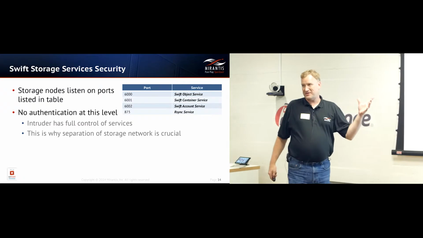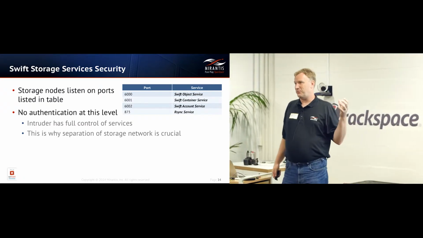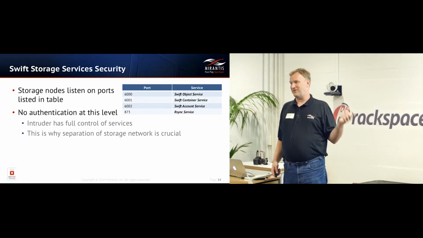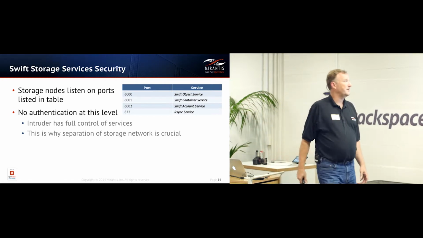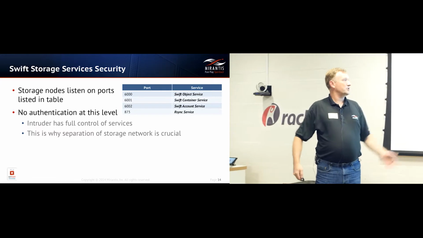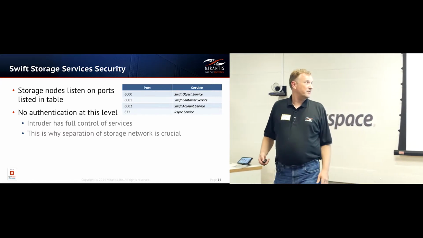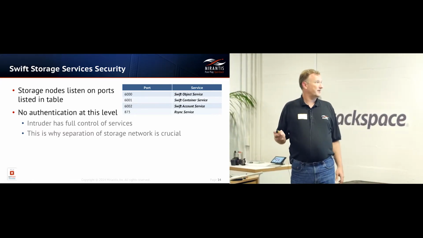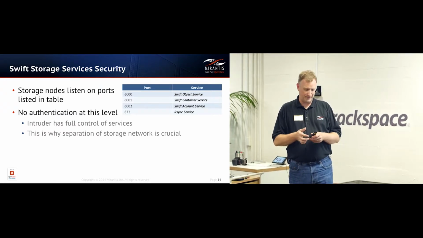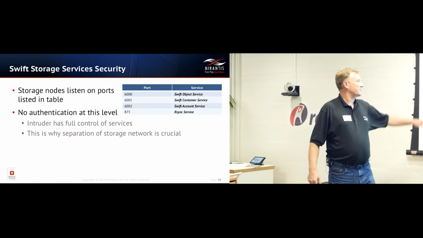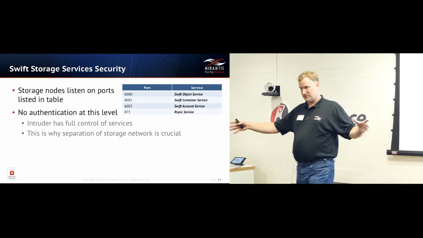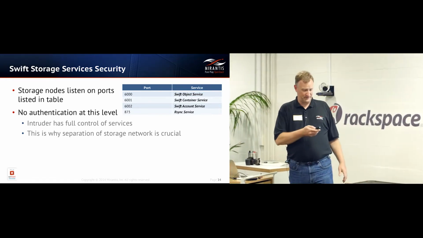So you have only a very limited set of ports that you need to have open in your firewall to get full operation of a Swift cluster. Again, no authentication. If you protect the whole thing with a firewall, you have at least one advantage, that people cannot get to the potentially configured but not protected services. But again, this is no protection. The network still needs to be separate from everything else that you have.